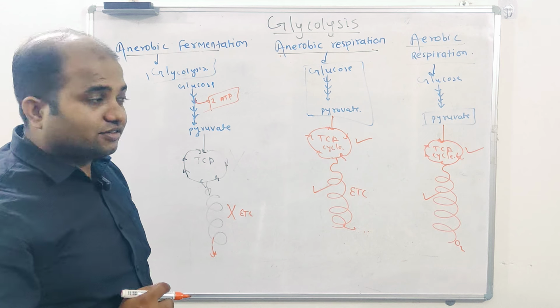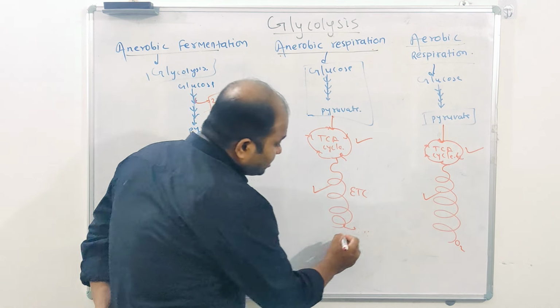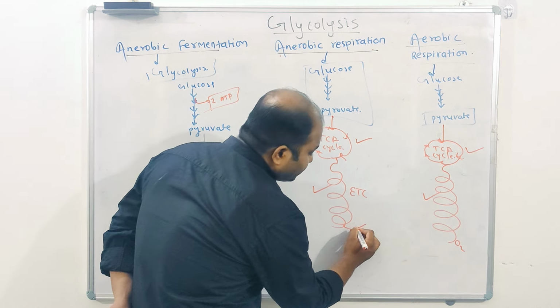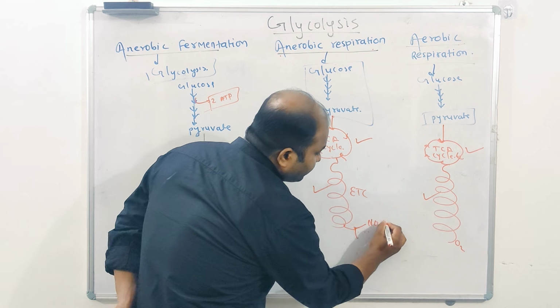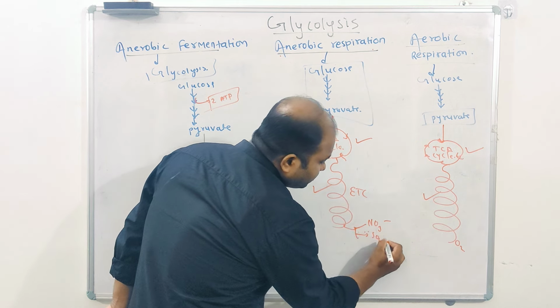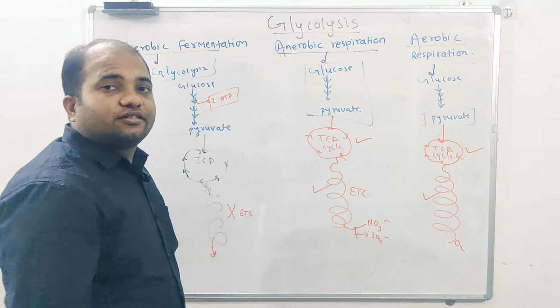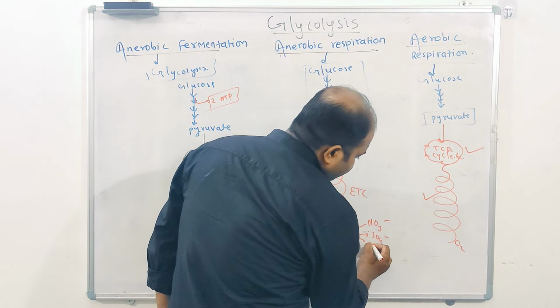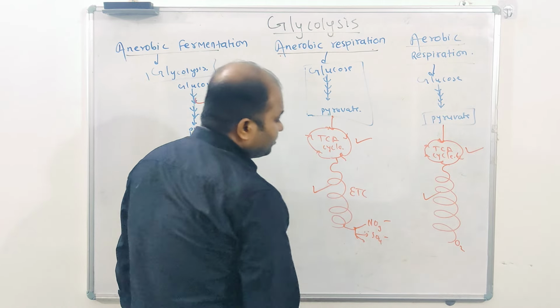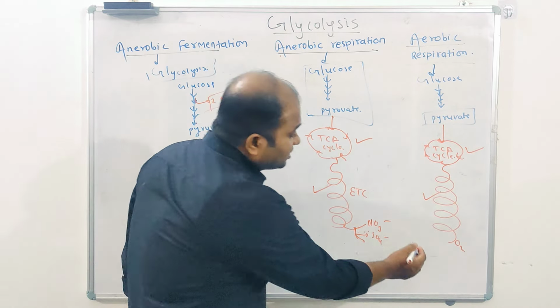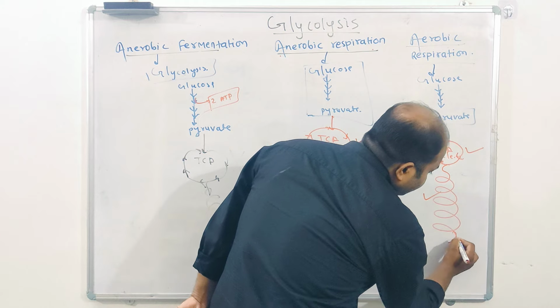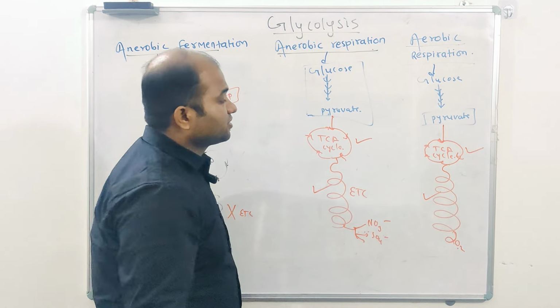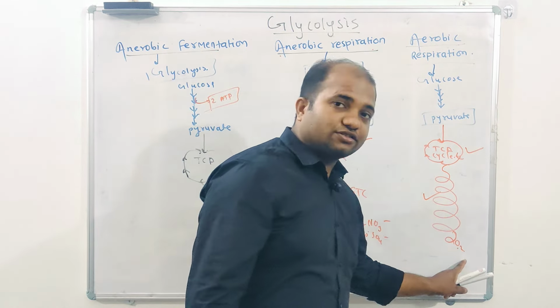The last receptor may be nitrate, or sulfate, or maybe phosphate. So all these things you can find. But here, the last receptor of electron is oxygen.